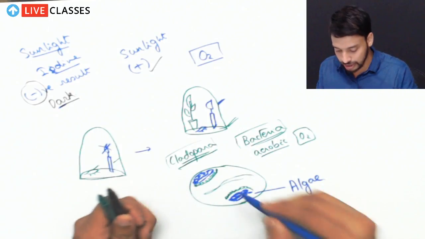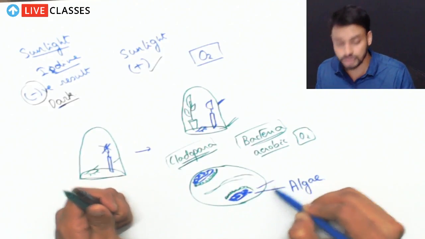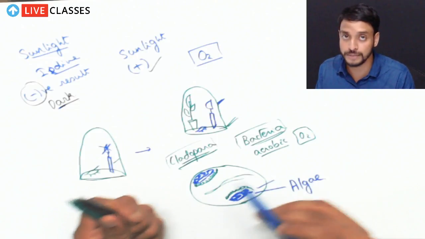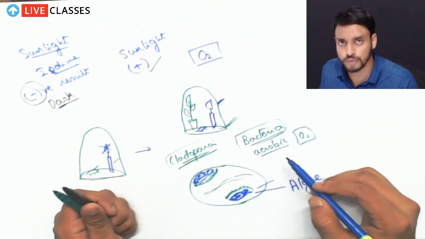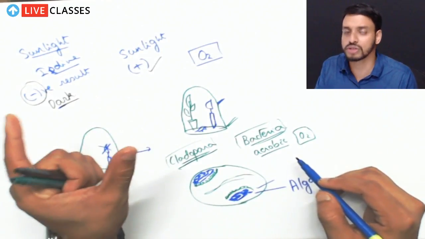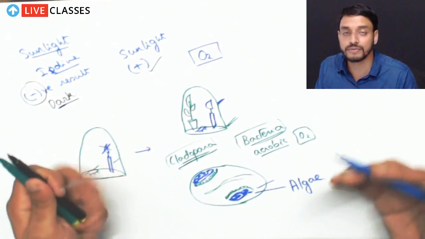Correct? So you understood how it was proved again that oxygen is produced as a result of the process of photosynthesis. In fact, at this point of time, the word photosynthesis was not coined. It was also not known that this is something happening in photosynthesis.